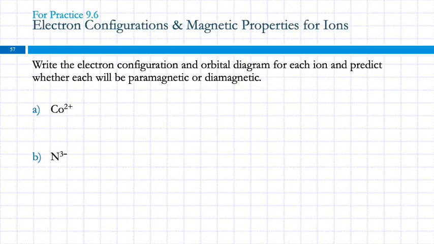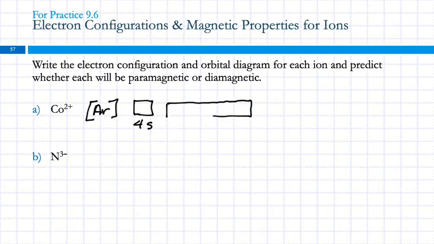And we can just look at the noble gas shorthand version. So cobalt is in period 4, and so that's argon plus some. So there's argon in brackets, and then next is going to be 4s, and then there's some stuff going on in the 3d.